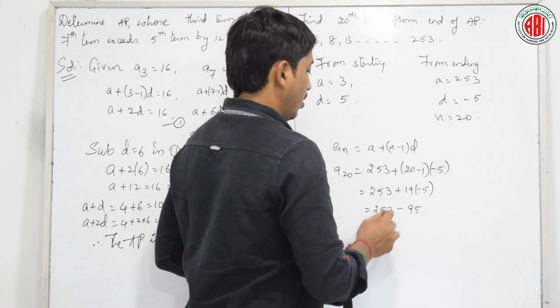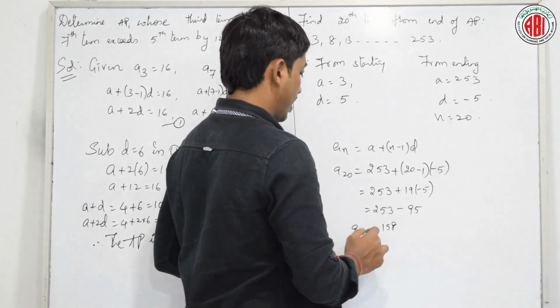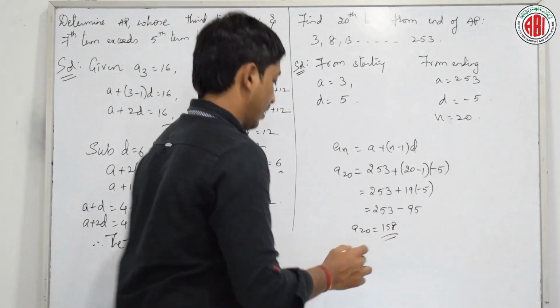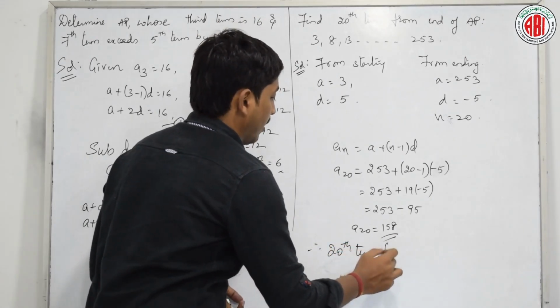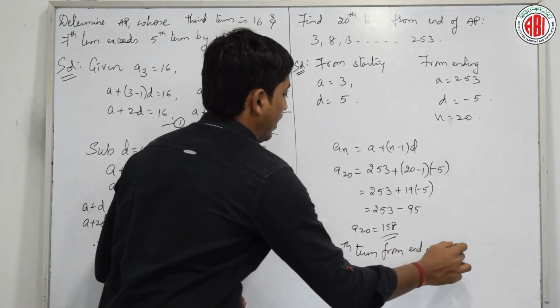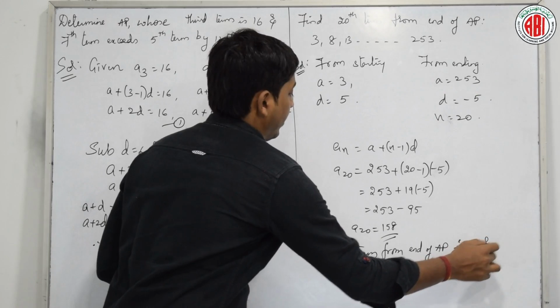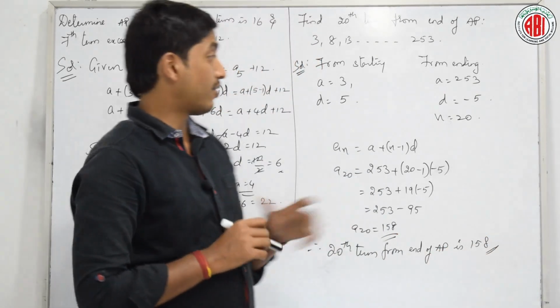Just subtract it. 253 minus 95 is 158. This is my 20th term, therefore the 20th term from the end of the AP is 158. Is it not easy?